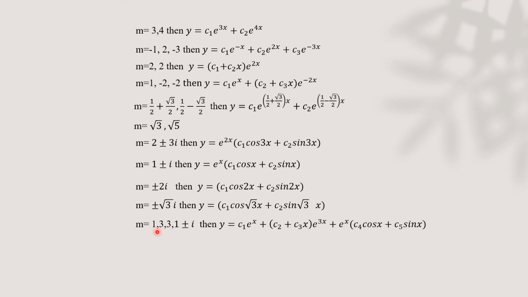Once again, if the roots are 1, 3, 3, here 1 and 3 are different, that's why we represent c1 e power x plus c2 plus c3x. Since 3, 3 is a repeated root, it is c2 plus c3x e power 3x, and 1 plus or minus i is a complex root. We represent it as e power x times of c4 cos x plus c5 sin x.